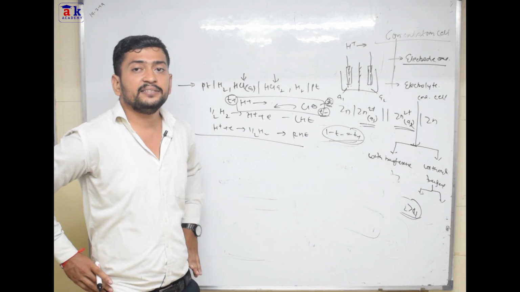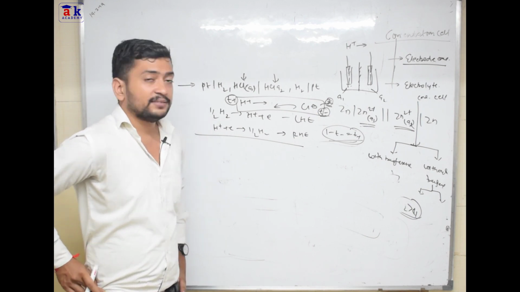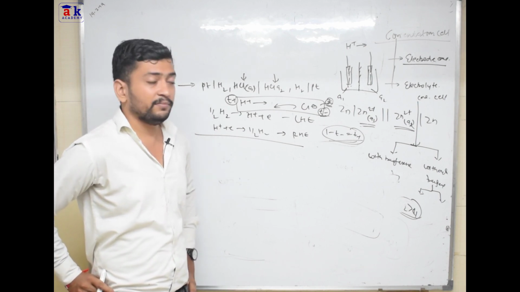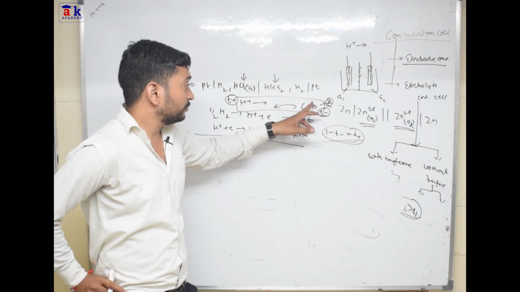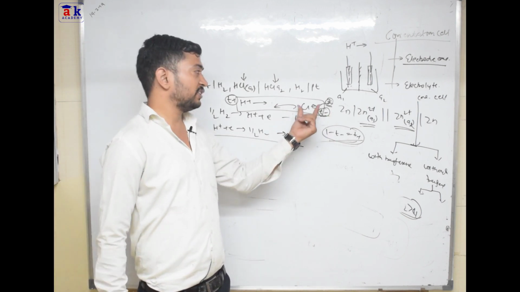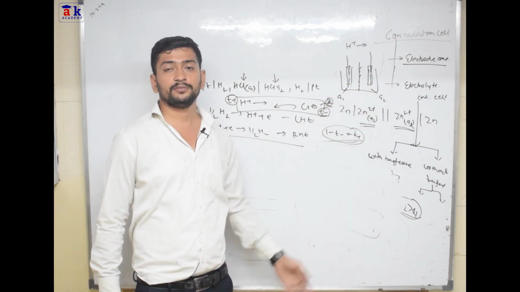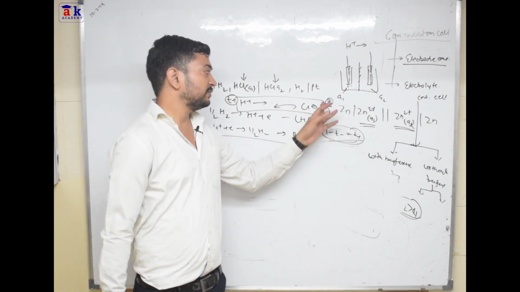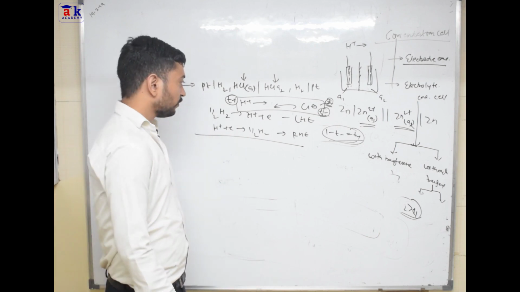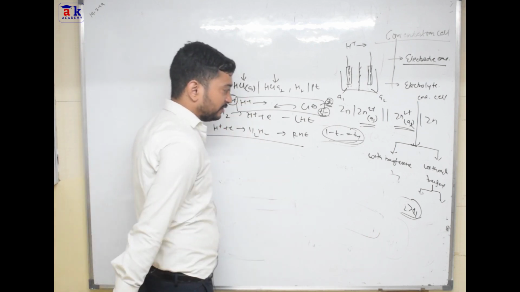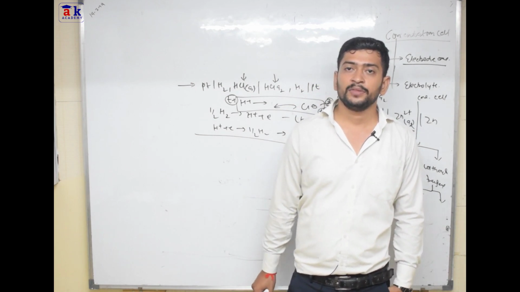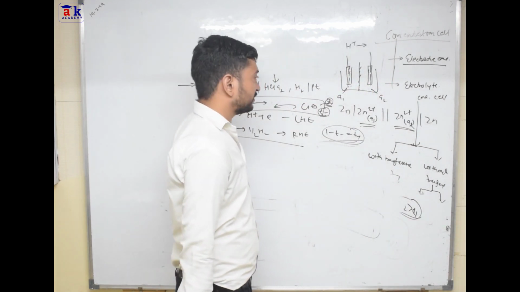In this case, t minus equivalents of Cl minus ions will migrate from right to left. And similarly, t plus equivalents of H plus will migrate from left to right. Got it up to this much? Now let's see what will happen in the next case.